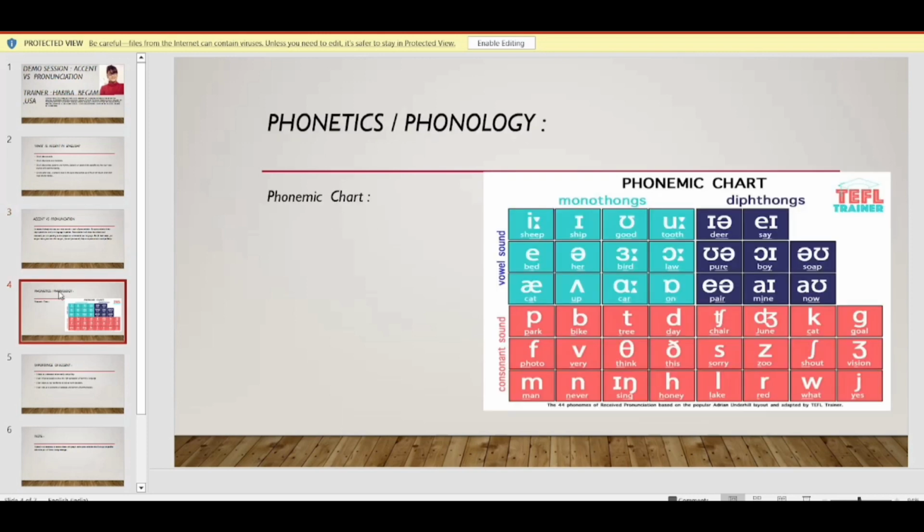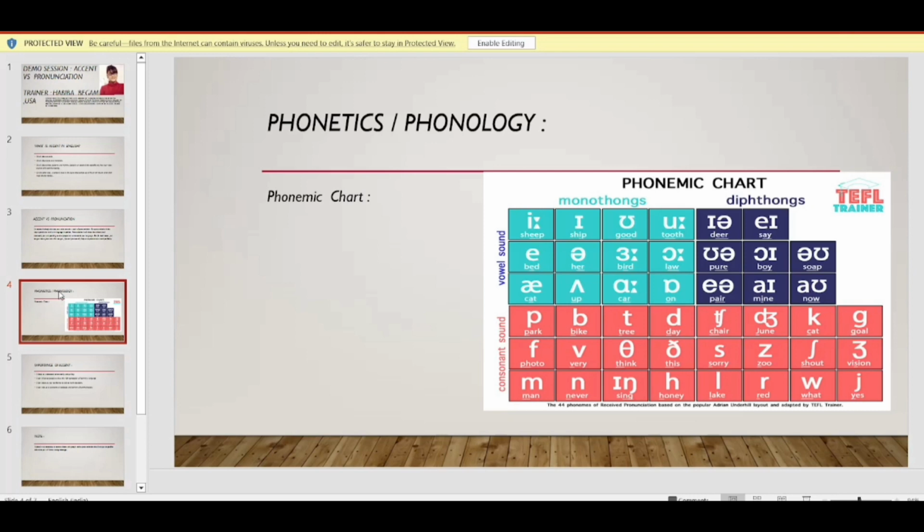Let's move on to the next part, and this is a very, very important part of English, and this is phonetics or phonology. This is called the phonemic chart. If you really want to improve your pronunciation or accent, it's very important to understand the phonemic chart. We know that we have a total of 26 alphabets in English, right? But there are many people, especially those who belong to Bengali medium school or Hindi medium school or any other medium, who don't have much idea about sounds.